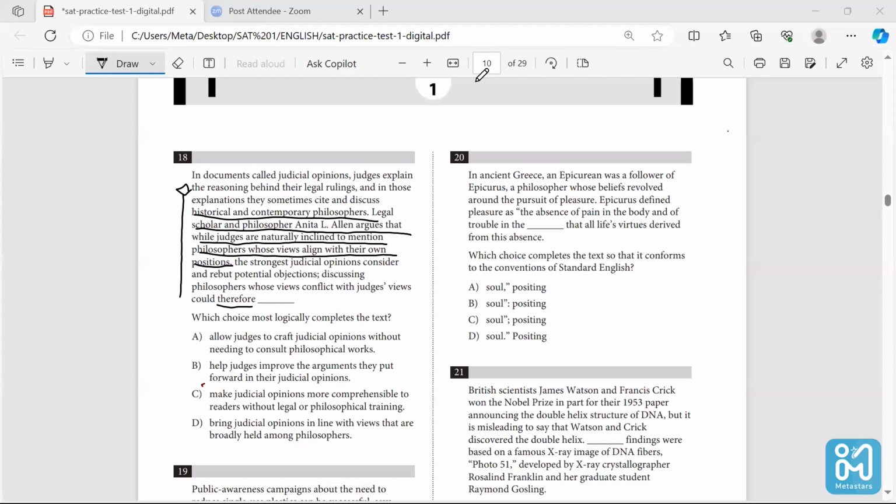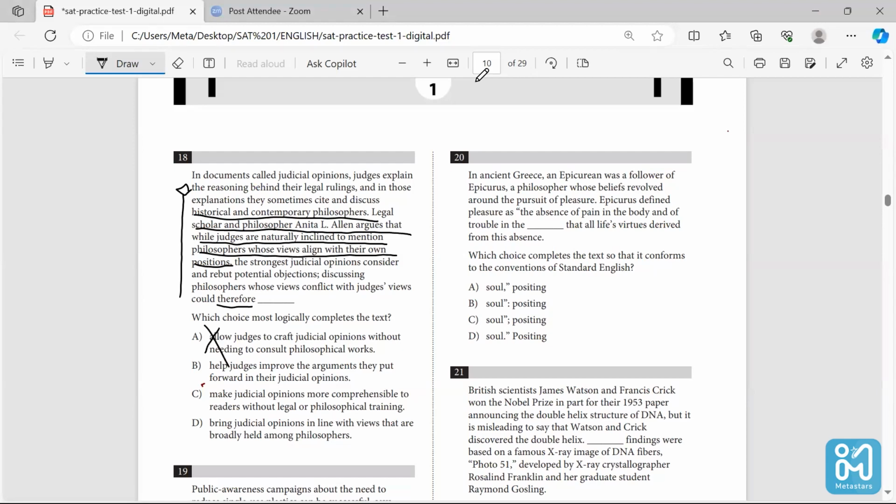Does it allow judges to craft judicial opinions without needing to consult philosophical works? They were asked, in the first place, they have to consult, they're going to depend on these philosophers, which means the opposite. This one's completely the opposite, right?